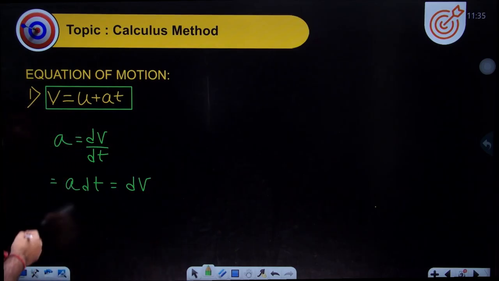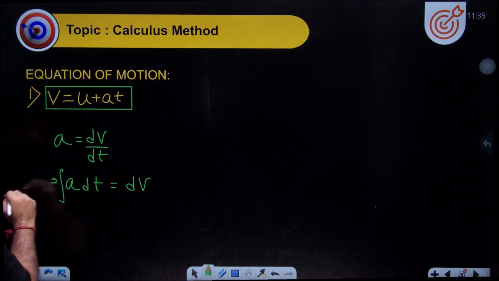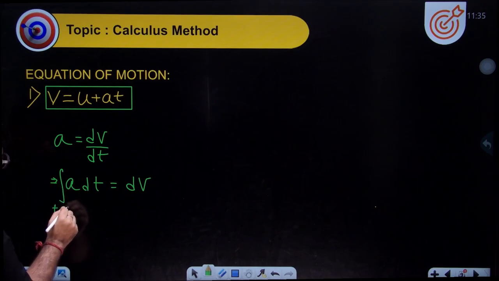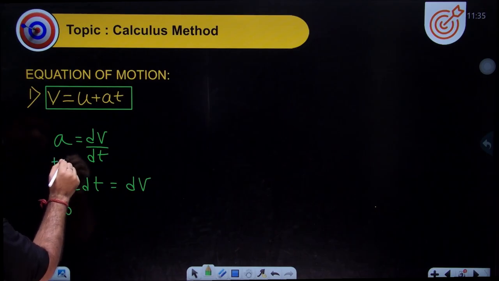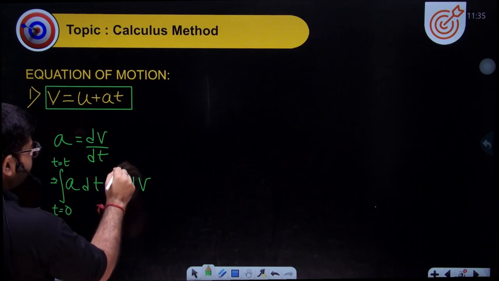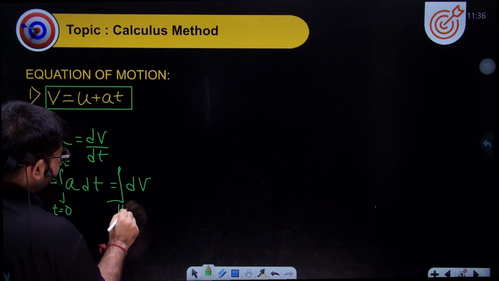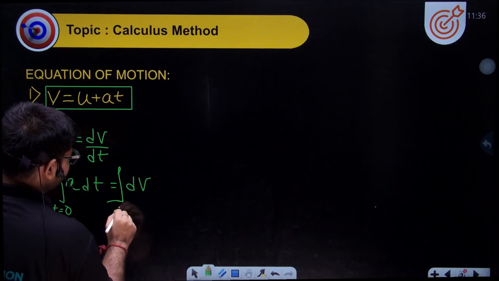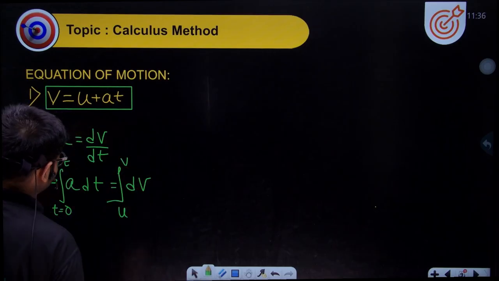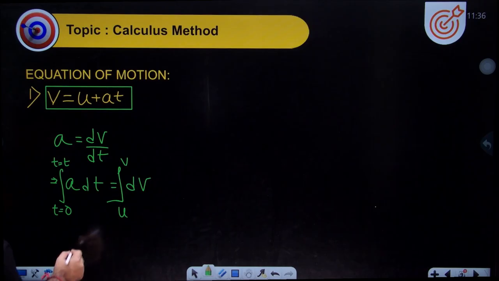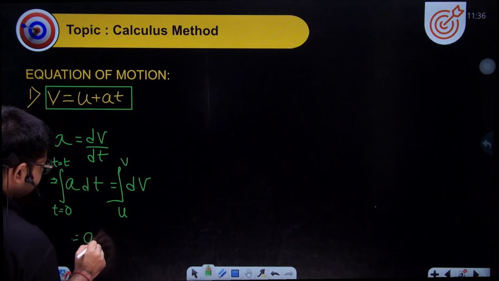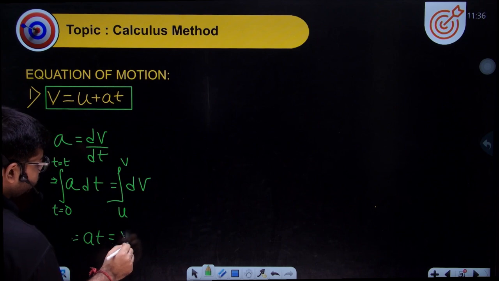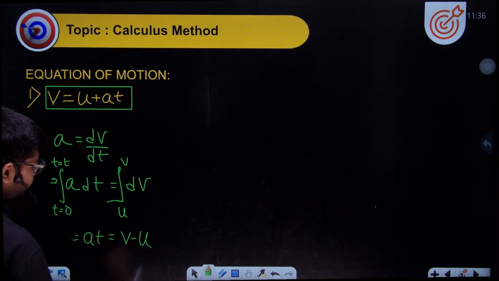Now I am going to integrate both sides, from t is equal to 0 to t is equal to t, and on the other side from u to v. So what you are going to get is at is equal to v minus u.